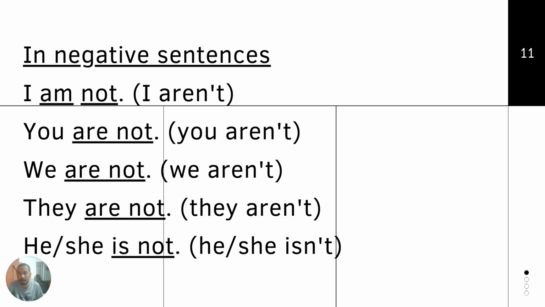In the negative statements, just add not after the auxiliary verbs. But still, I will use am. You, we, and they will still use are, and he, she, it will use is. For the negative statement, we just add the word not here. I am not, you are not, we are not, they are not, and he, she, or it is not.